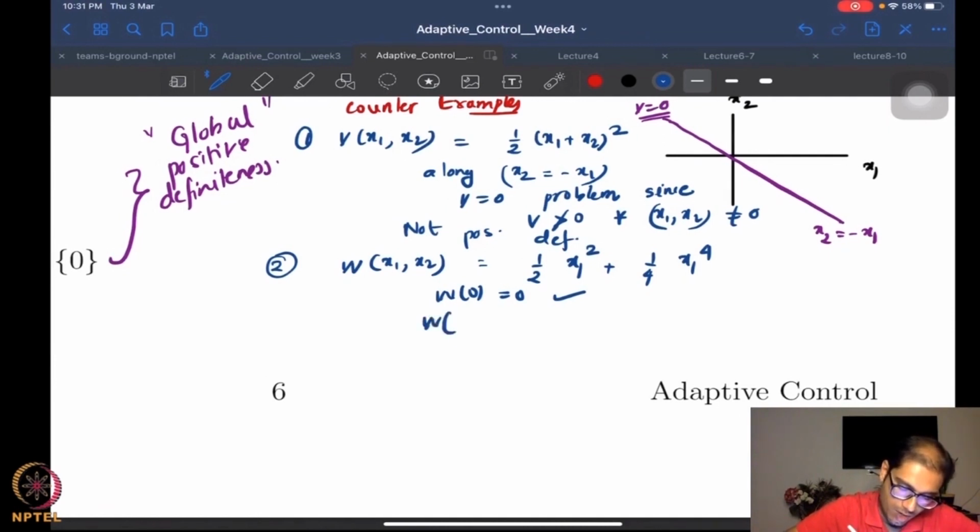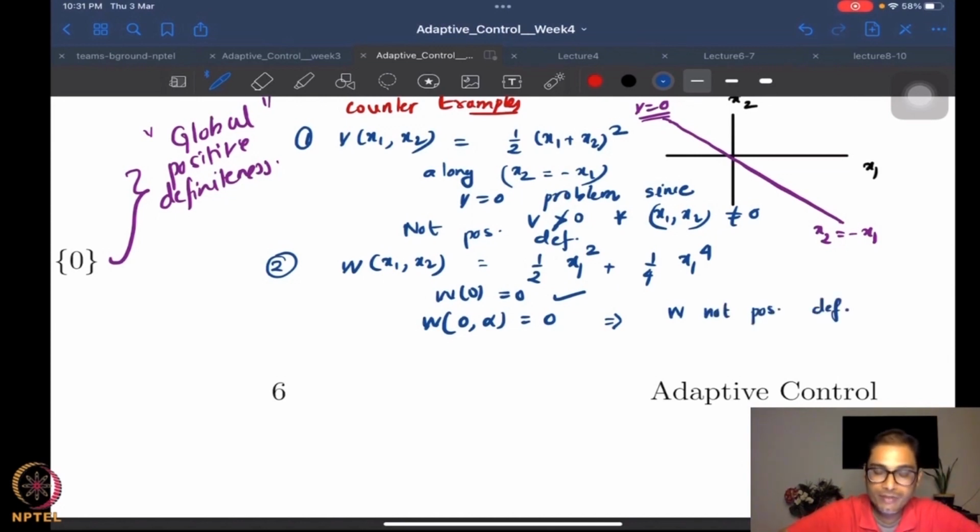W of (0, alpha) is also 0, because notice there is no x2 here, only one state appears. So whenever you have a function which has only one state, I can just say W(0, alpha) is equal to 0, which implies W is not positive definite.